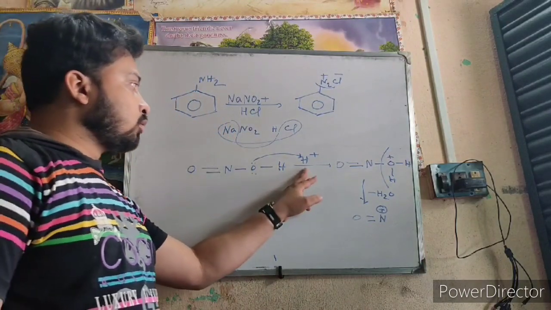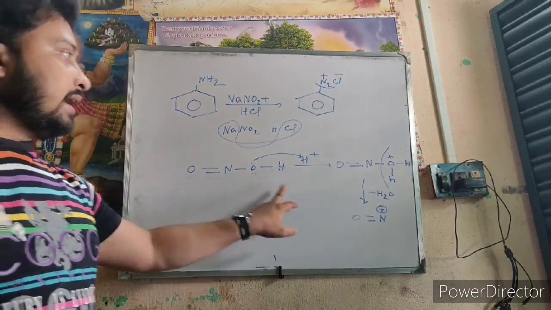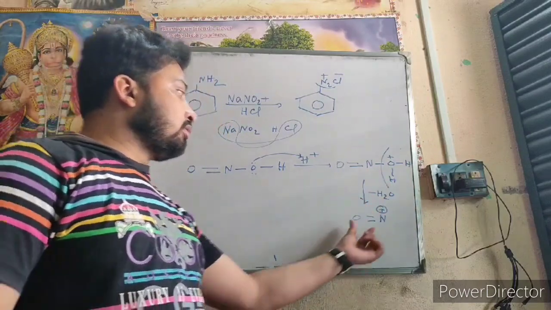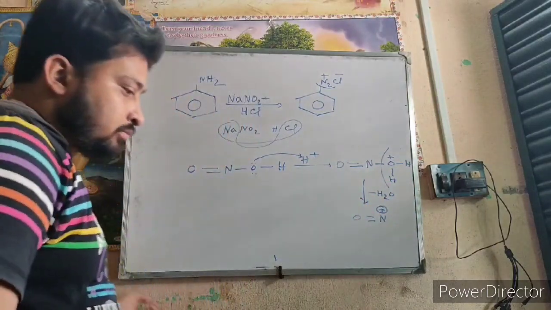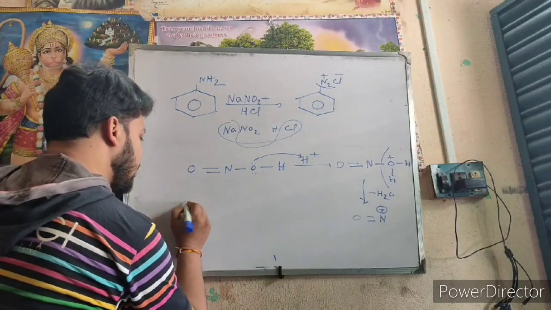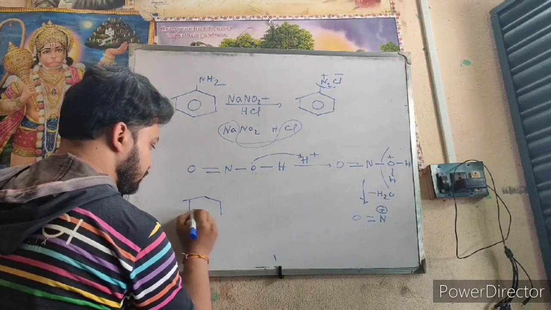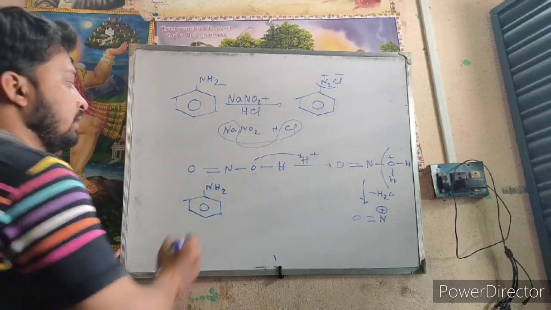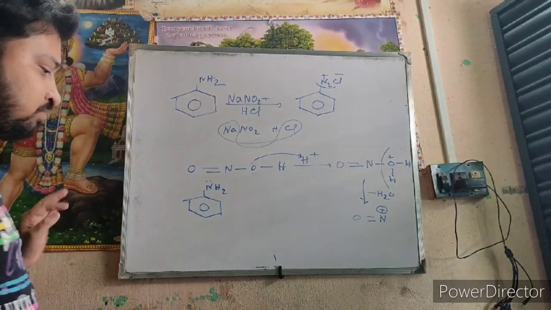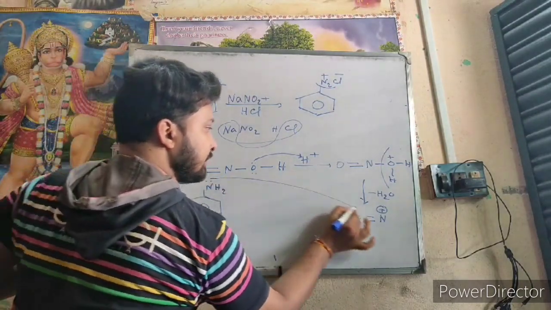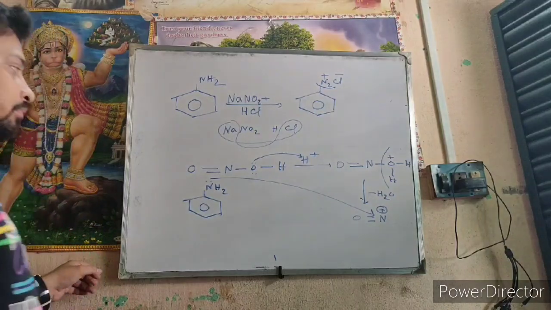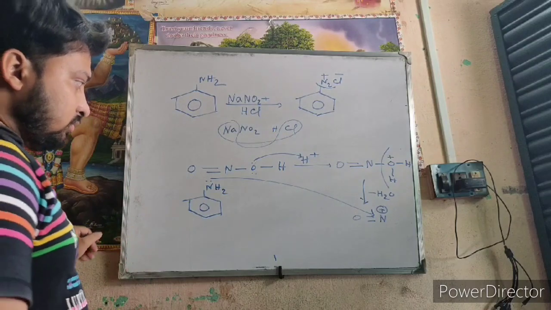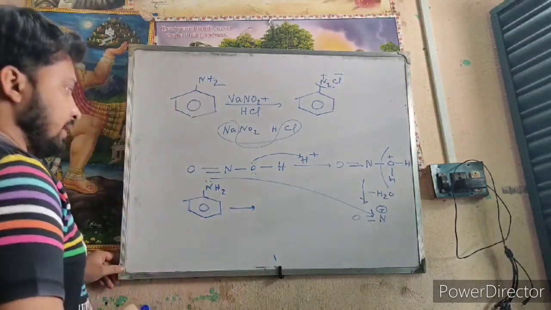O gives its lone pair to the H plus and forms H2O, which is removed from this compound, and you get NO plus. Now you take this aniline. Nitrogen has a lone pair. This lone pair attacks NO plus.